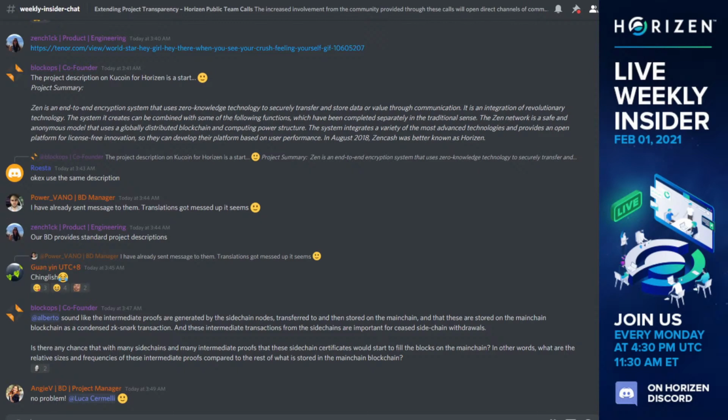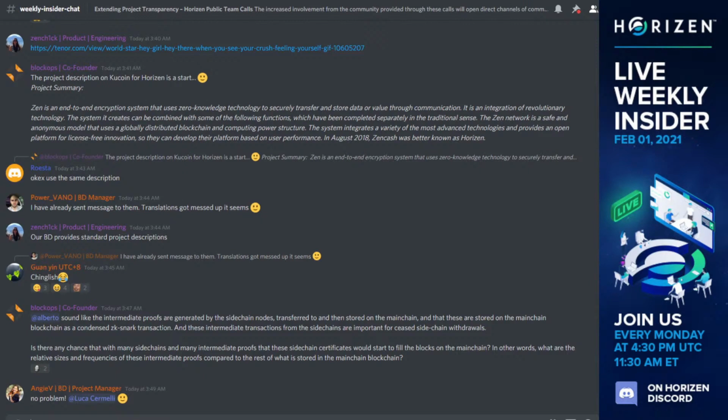So in the final model, we have a decentralized network of provers that compete and contribute to generate these proofs. But these proofs stay on the sidechain side, and they are not even stored individually in the block. In the block, we are going to include just the final proof, the merged one of all the proofs that were related to the transactions included in the block.